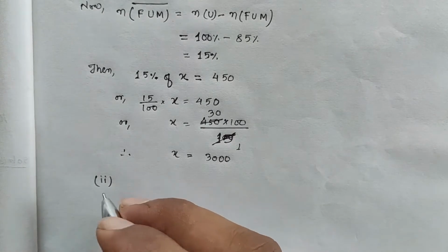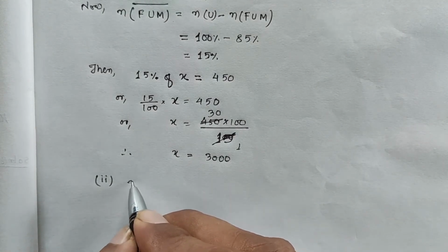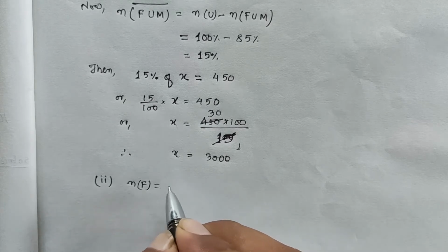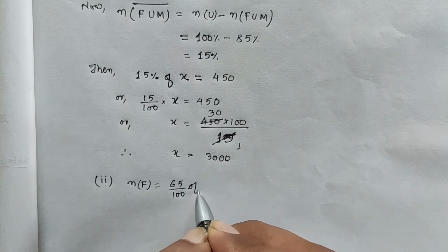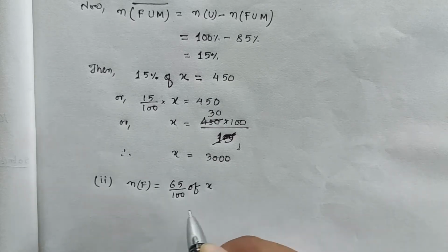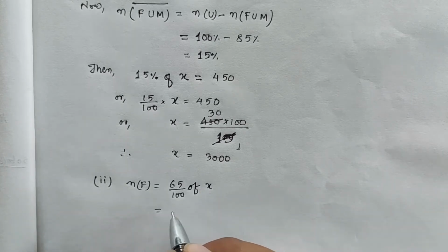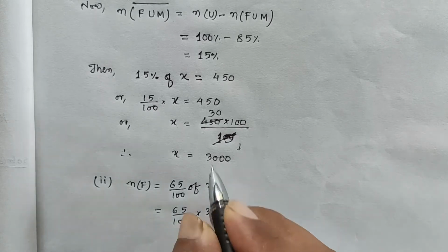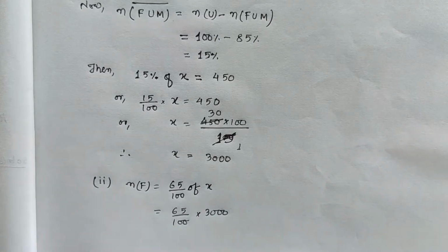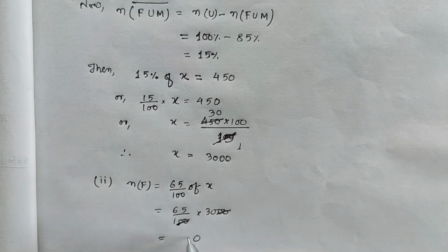So what is given? How can we find it? We have to find NF first. So NF is how much? NF is 65% of what? 65% of X, or 65% of 3000, because we have found the value of X. So 20 cancels out, 15, 19.